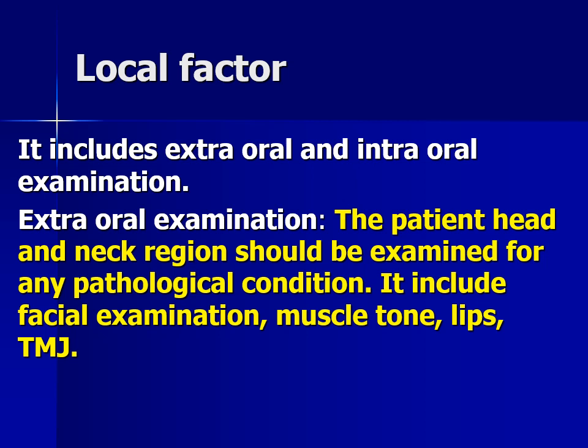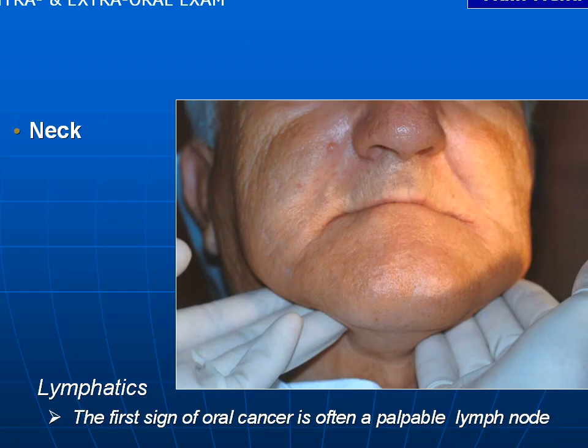It includes facial examination, muscle tone, lips, and TMJ. Also, examination of the submandibular lymph node, because you know that the first sign of oral cancer is often a palpable lymph node that could be palpated by your fingers.